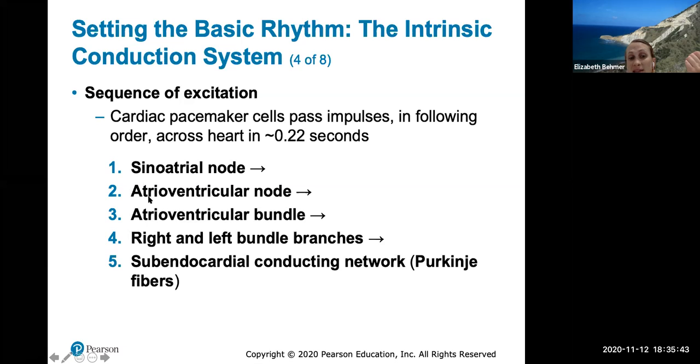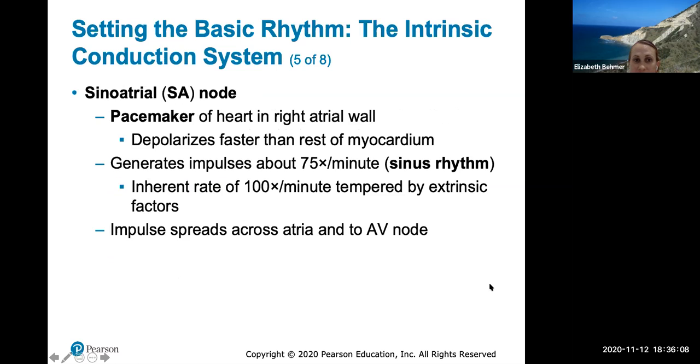They'll then be passed to the atrioventricular or AV node, into the atrioventricular bundle. And then from here, it will split into right and left bundle branches as it goes to the right and left ventricle. Then these bundle branches will split into Purkinje fibers, which is a subendocardial connecting network that will bring the impulse to all of the myocardial cells in the ventricles.